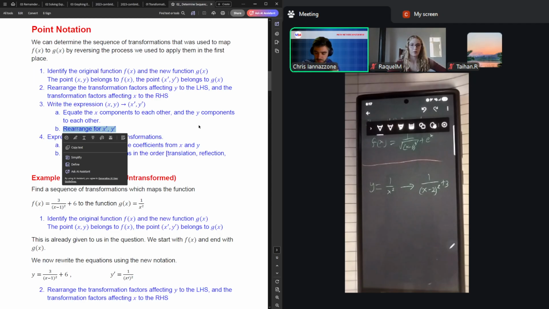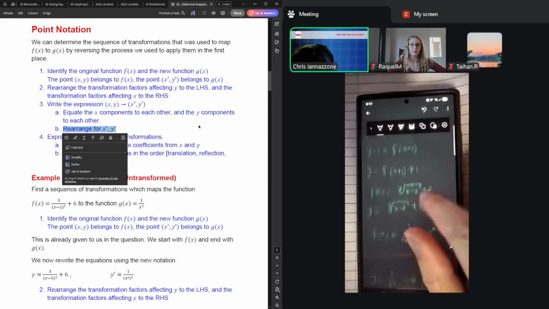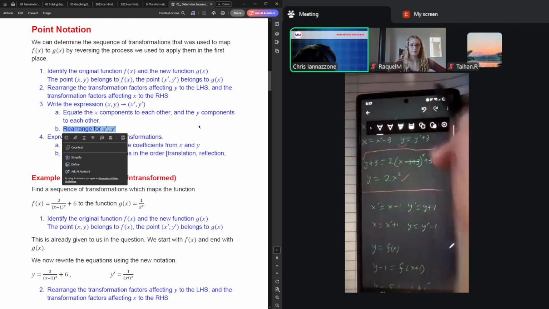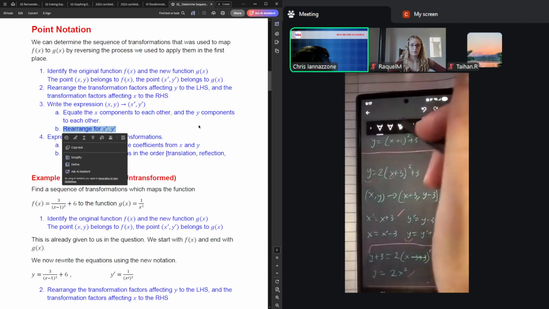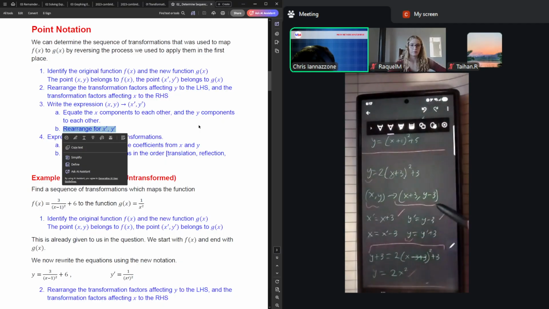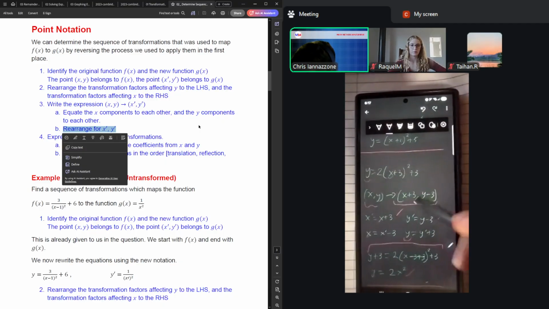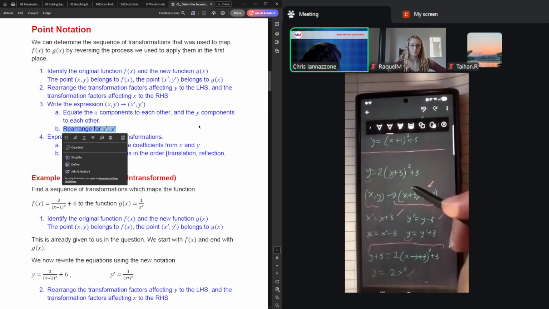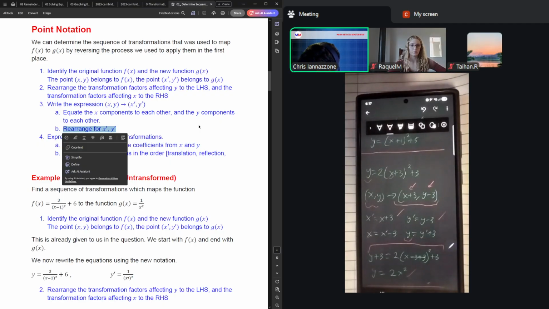Like if we look back at the handwritten bit that I was doing, the very first statement was we had a mapping of xy to some new x and some new y. The right hand side of that mapping statement, those are the transformations. So you're always trying to get your x dash y dash, because the goal of this is to figure out what transformations I need to go from one to the other.